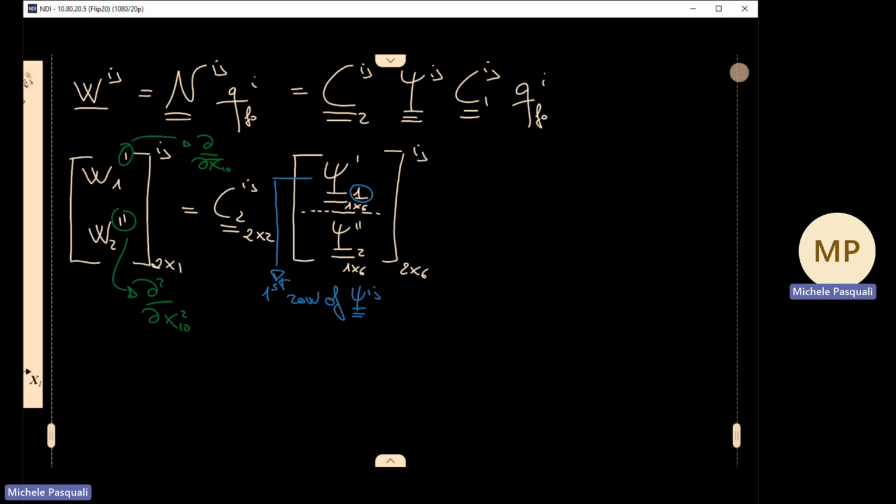And then we have, of course, C1 ij, which is a 6 times 6. Why 6? Because we have 6 nodal coordinates. And then we have QF0i, which is a 6 times 1. Okay? So everything comes back together. So a 2 times 1 vector.